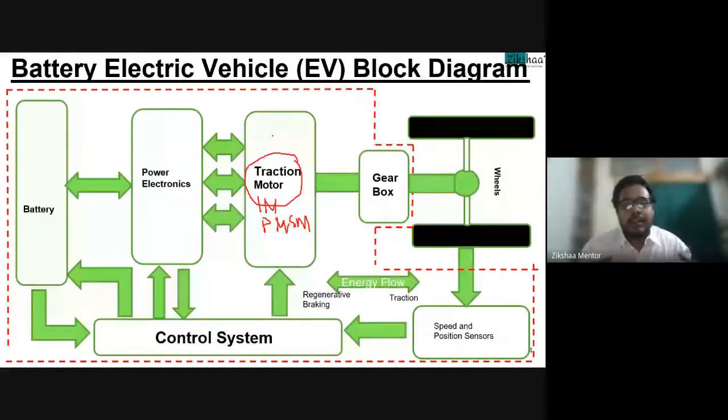Some have it in the front where the engine was supposed to be, and some have front and back placements of batteries. Batteries are inherently DC devices, a DC power supply. So we have to have a converter which converts DC to AC to be supplied into the traction motor. That's where the power electronics comes in.